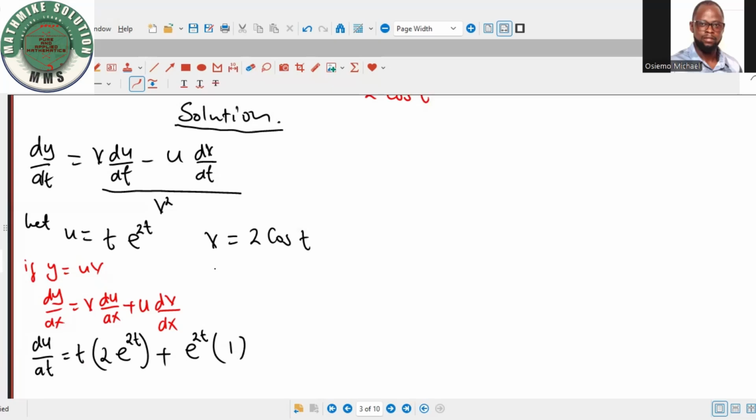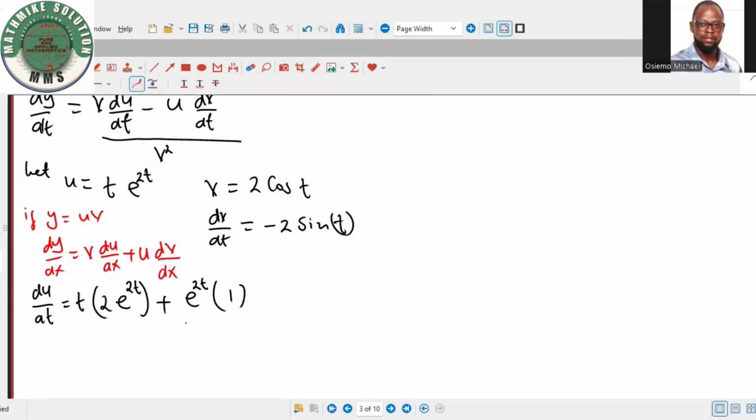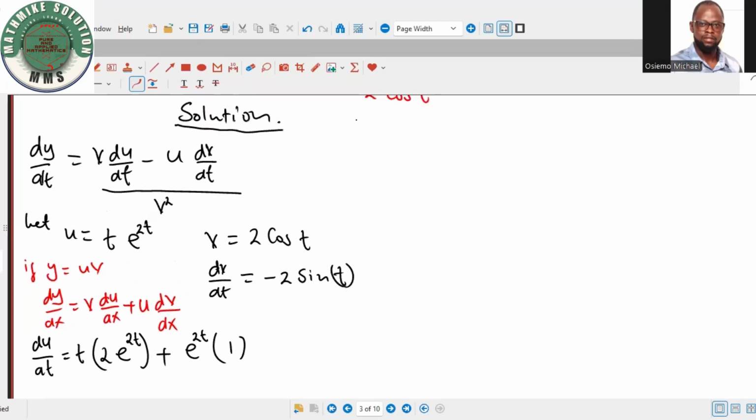Also, let us find our dv/dt, which will be equal to negative 2 sine t. So for the du/dt, we can simplify.